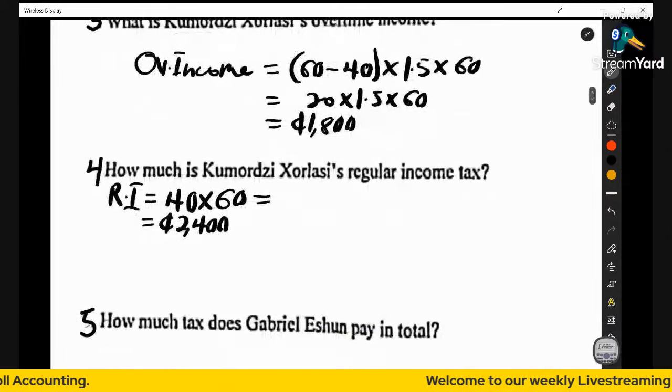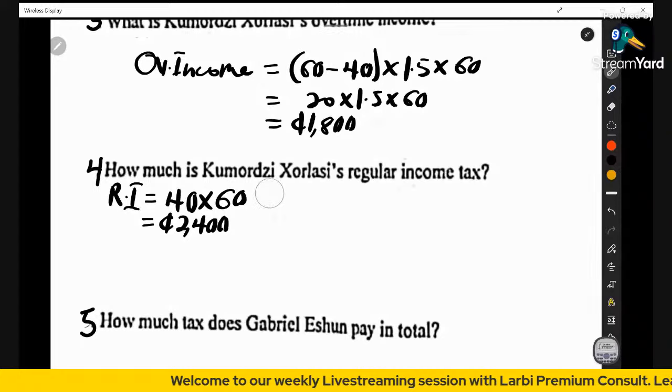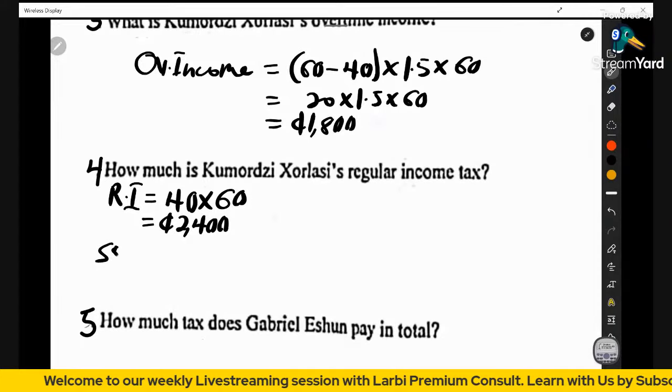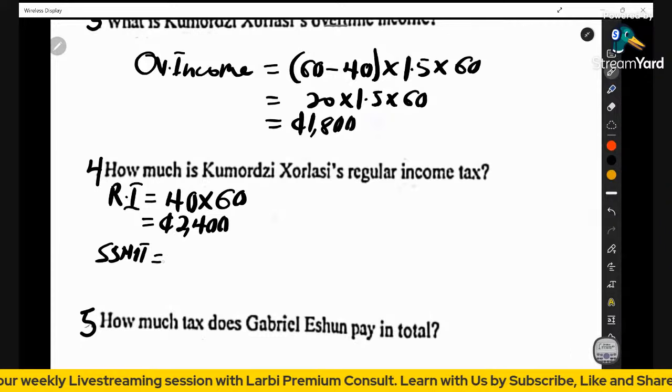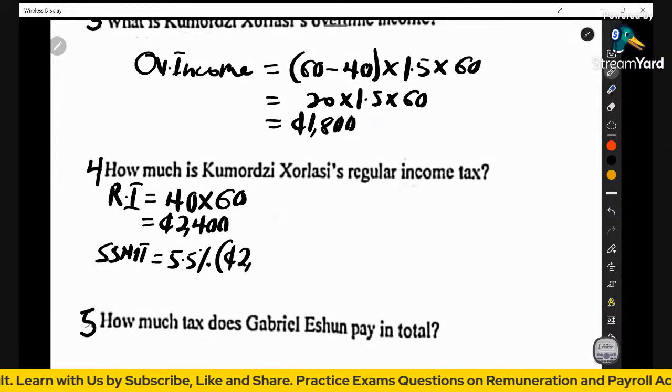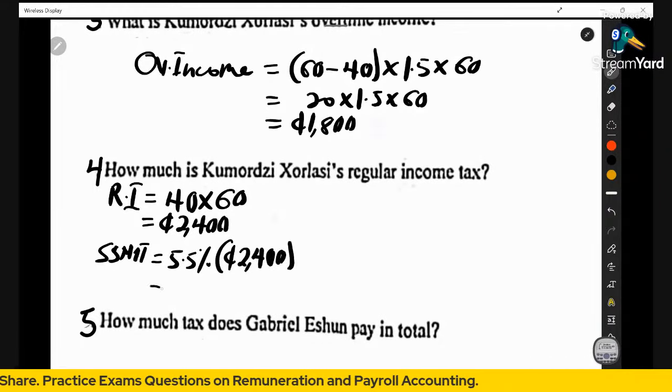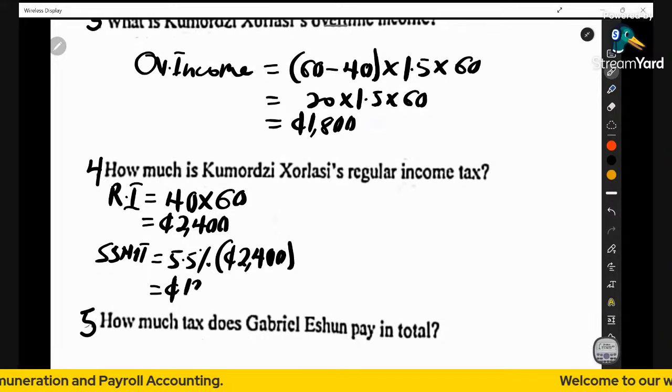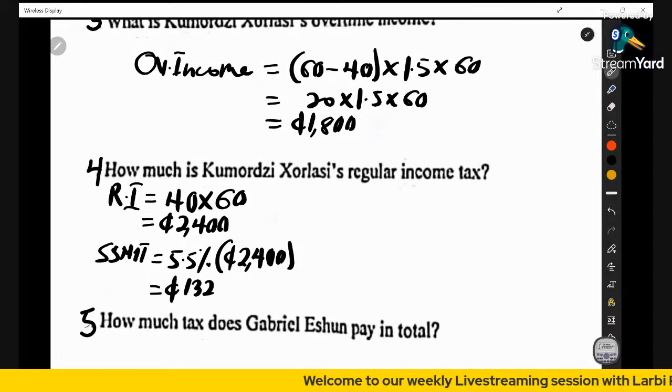If that is the case, then we also need to know our SNET contribution. So our SNET contribution should be equal to 5.5% multiplied by the basic earning or the regular income for Zolasi, which we know is 2,400. So what are we getting? In my case, I had the SSF to be 132. Once you get 132, what will the taxable earning be?